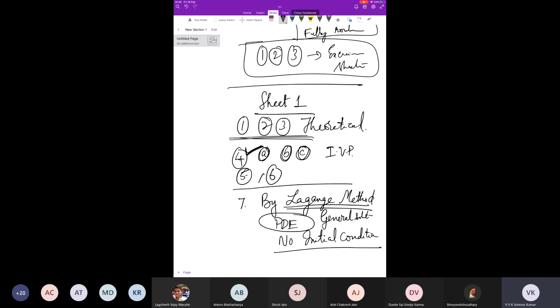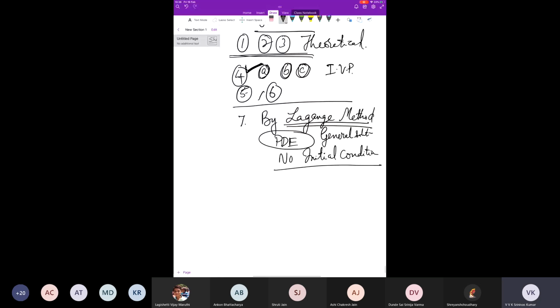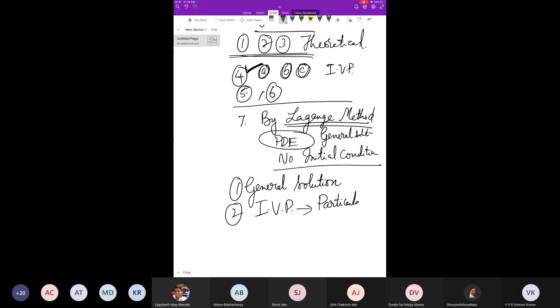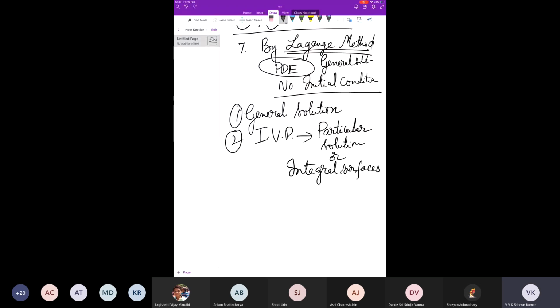So again here there is something called the general solution. For initial value problems, it is a particular solution satisfying the initial condition, or integral surface.